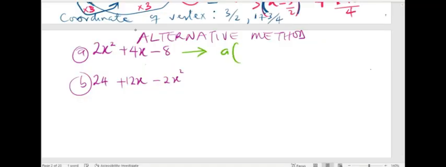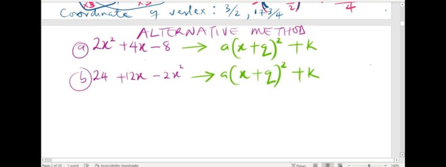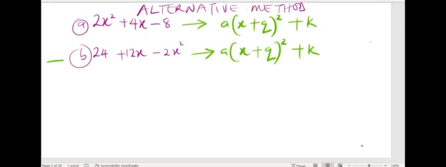A, open a bracket, x plus q all squared, plus k. That's what we are required to put here. Now let's do this so that we can compare it with the answer we already got earlier.